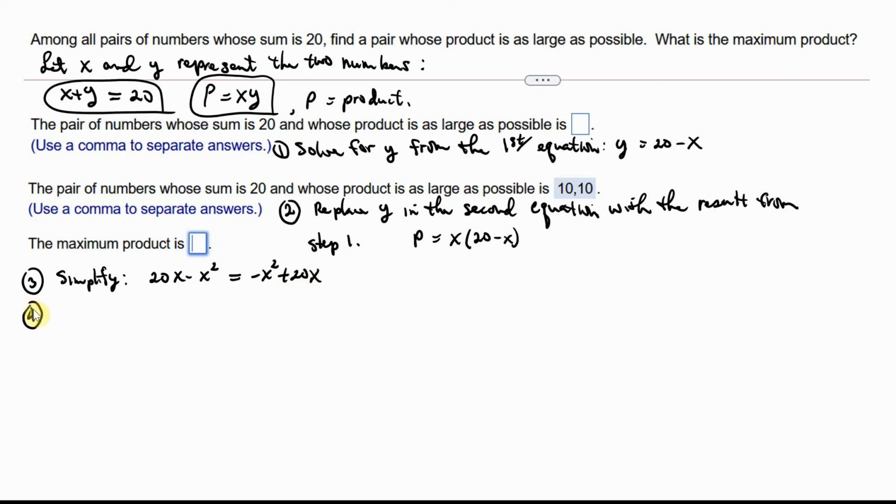Step 4: use what we know from this section to find the vertex. This is a quadratic equation.